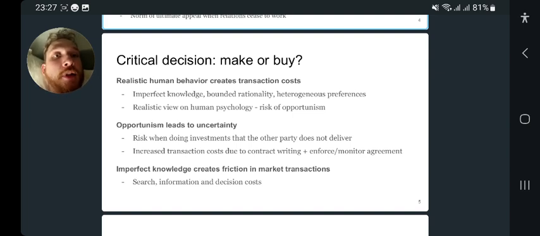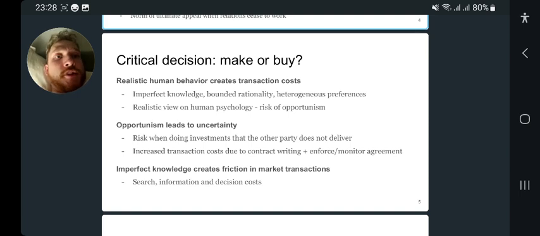And this gives us a realistic view on human psychology and introduces the risk of opportunism during transactions, when a party, for instance, cannot deliver their part of the exchange, or when a party chooses to take opportunity of the other party that does not completely know to what extent the other party will be able to deliver their side of the contract.